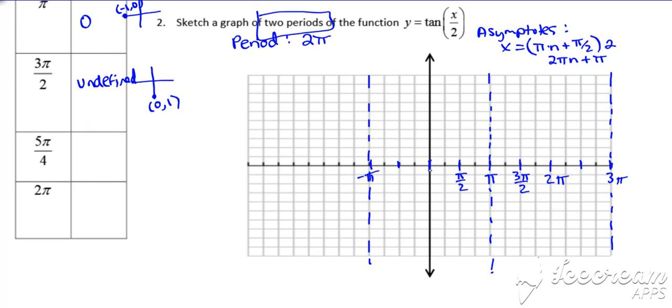So what's nice about the tangent graph is it has that pattern again. There's no vertical stretch. So when I do my tangent graph, I know that it's rising from left to right. And my zeros are located directly in the middle of my asymptotes. And I'm going to actually make my 1s every 2 tick marks on my y-axis.